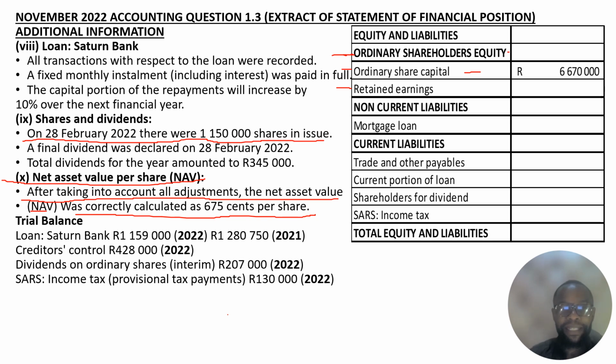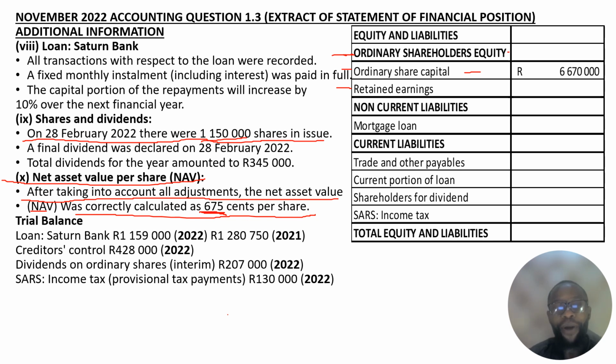So this 675 means there was an amount that was divided by the number of shares, and then it gave us 675 cents.